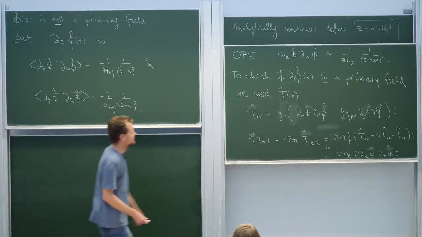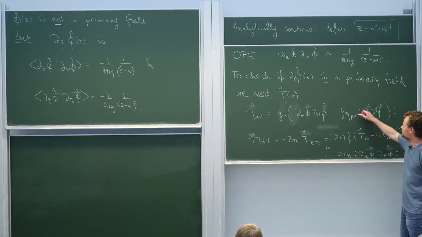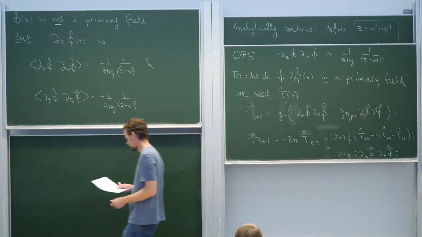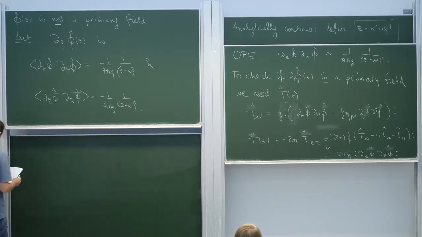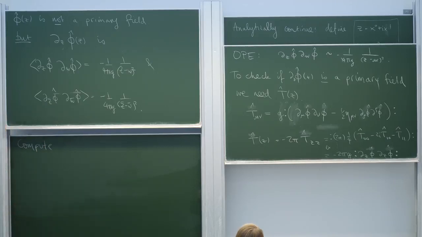All right, so that's the stress energy tensor. It's a pretty simple expression, a not so intuitive beginning, but it ends up very nice looking in the end. And now, to check if this dz of phi really is a primary field, we can do the business of computing the OPE of the primary field with the stress energy tensor.